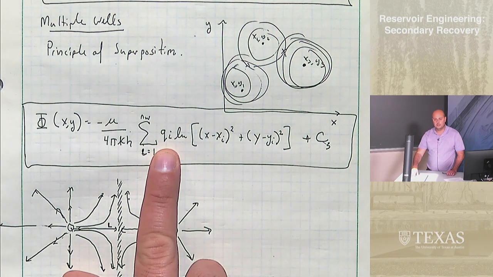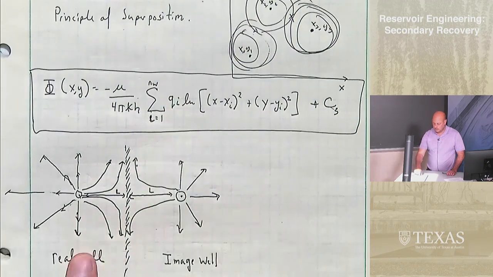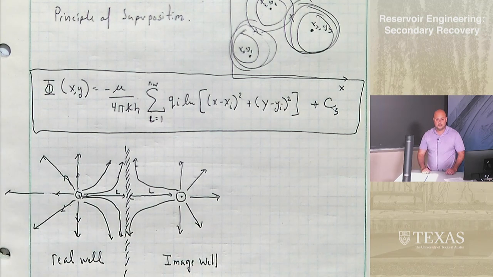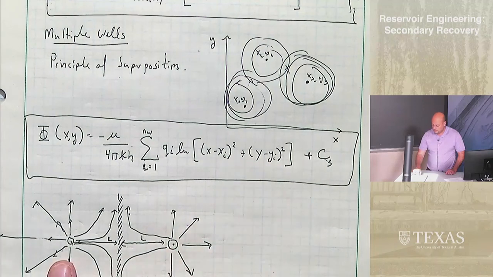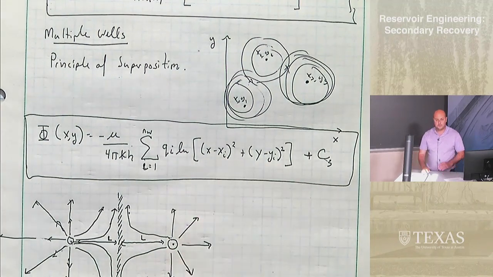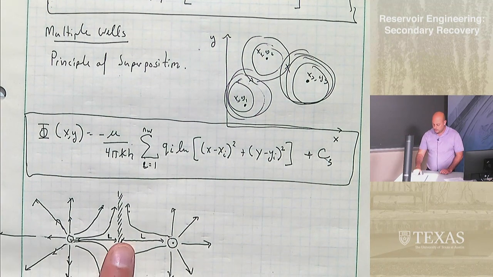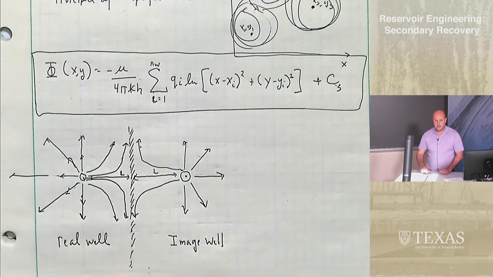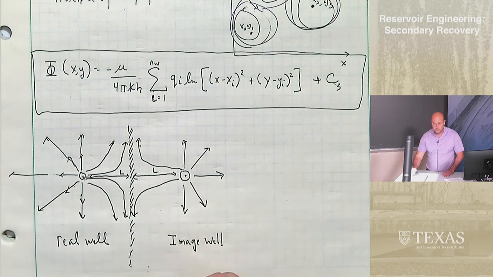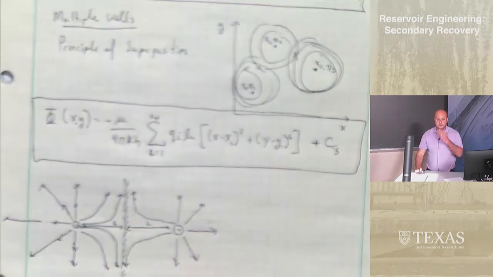Okay, in this case, I said that the rates could be different. In this case, for the real well and the image well, they'll be exactly the same. The positions, well, the Y positions will be the same, but the X positions will be opposite of each other, right? So this will be maybe negative L and positive L away, depending on what I call my origin, if this is my origin right here at the fault.